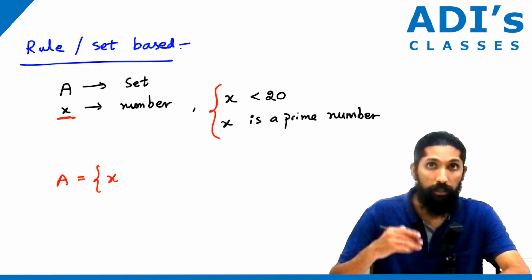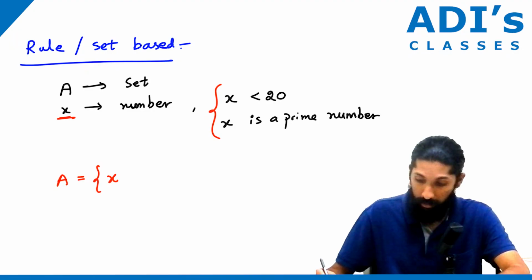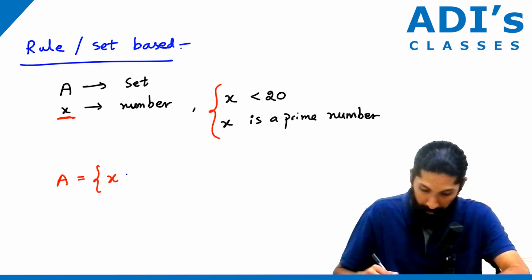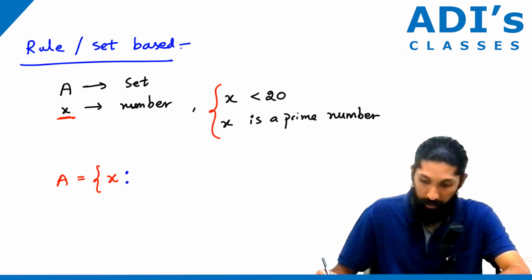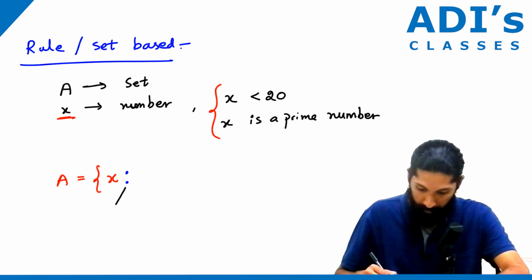When I say such that, such that is always represented by two dots. See, like this. So this symbol represents such that.